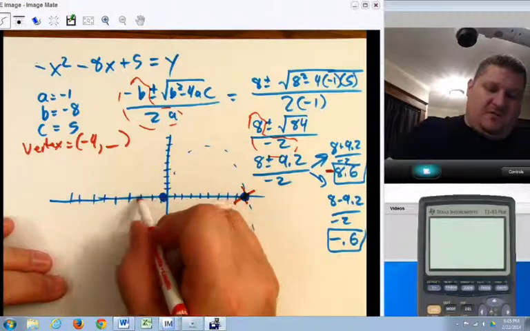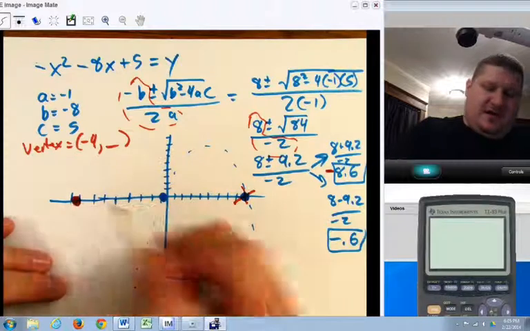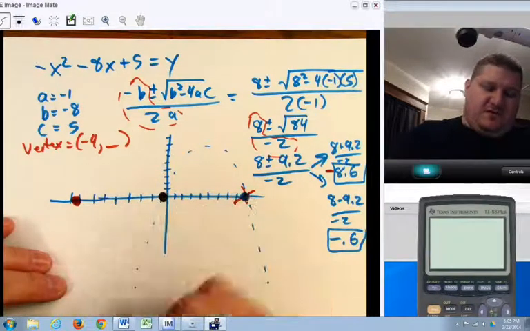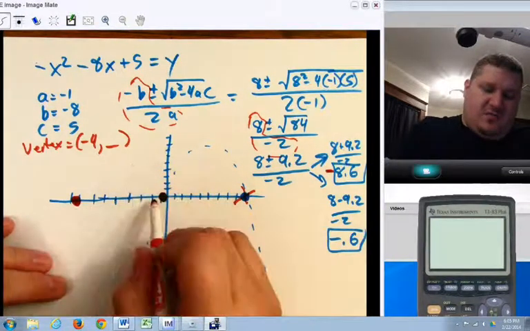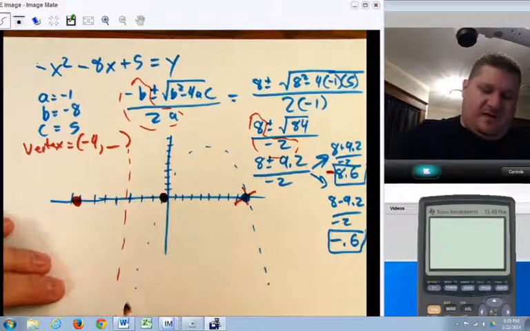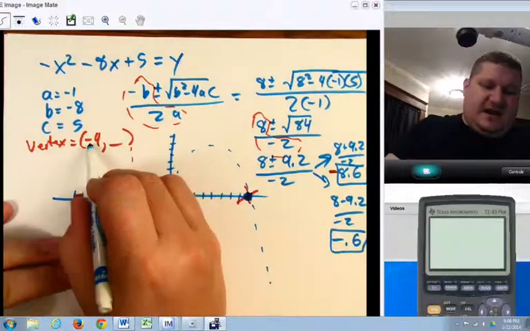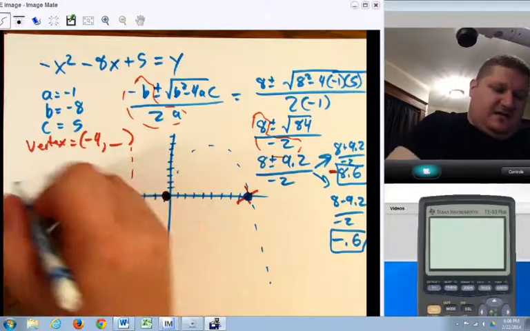1, 2, 3, 4, 5, 6, 7, 8, 9. So it's right in here. Those are our two places it crosses. 1, 2, 3, 4. The vertex is going to be somewhere on this one. And so we need to plug in -4 everywhere we see x.